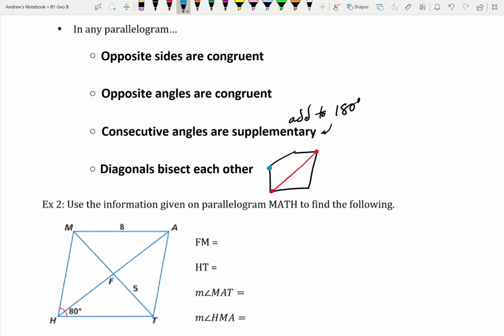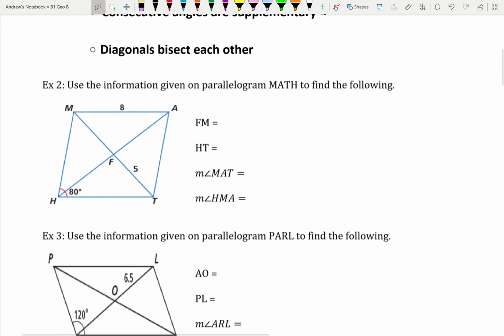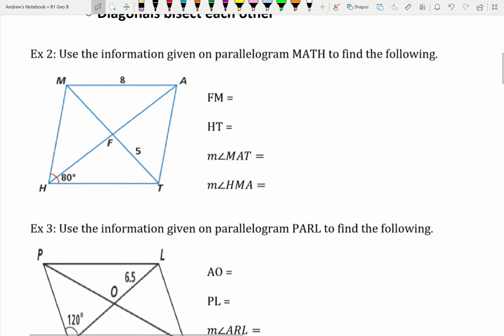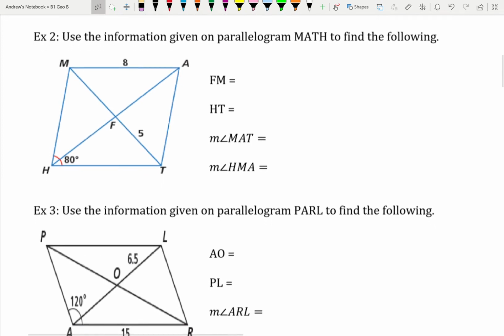I can make a diagonal from there to over there. I could make this diagonal here. But specifically in a parallelogram, the diagonals cut each other in half. They're going to meet in the middle, and where they meet, each one is going to have half of its length on one side of that intersection and half its length on the other side. All right, cool. So that's really the bulk of the important stuff.